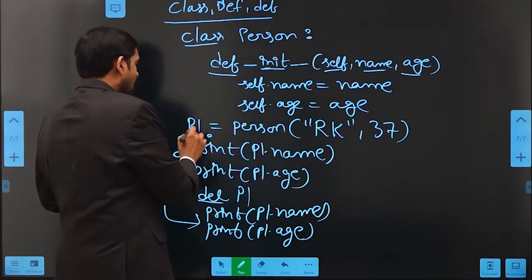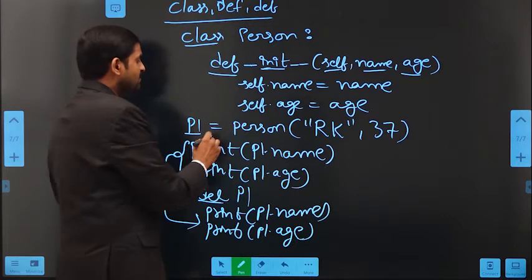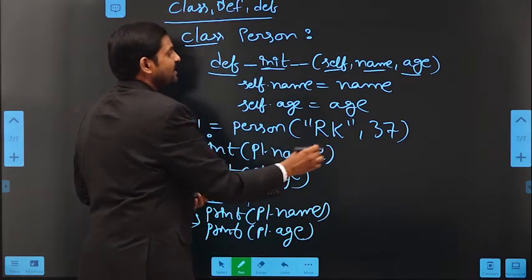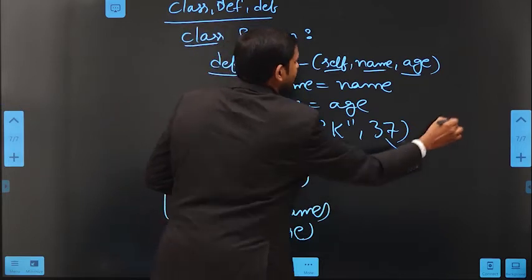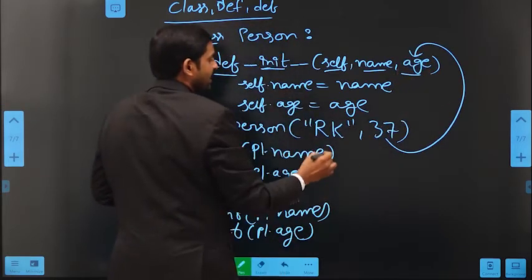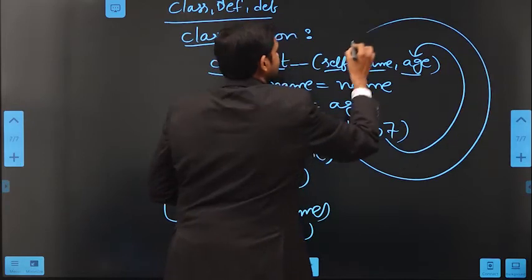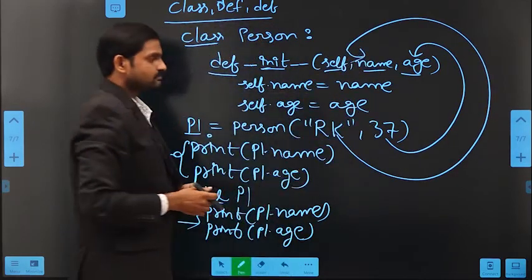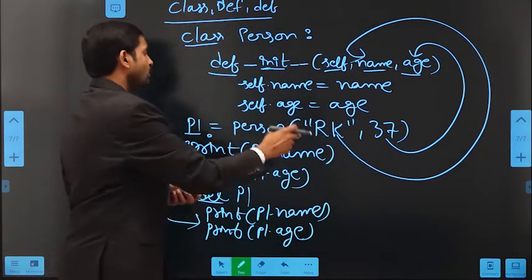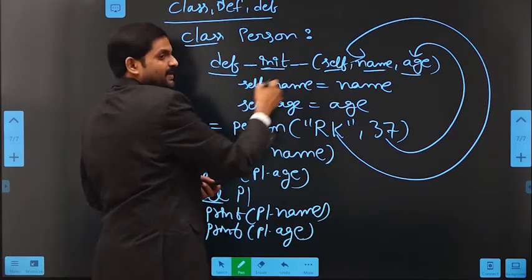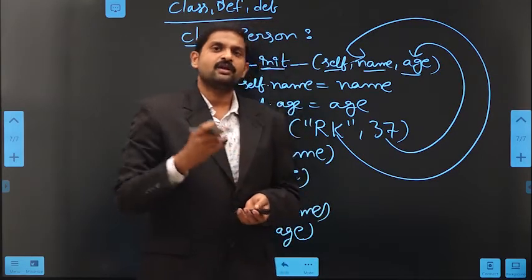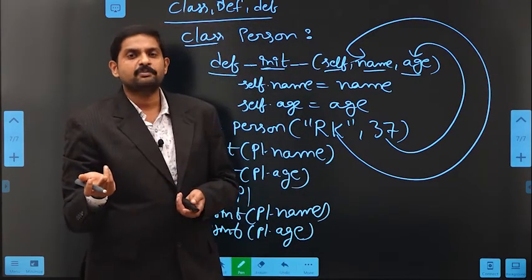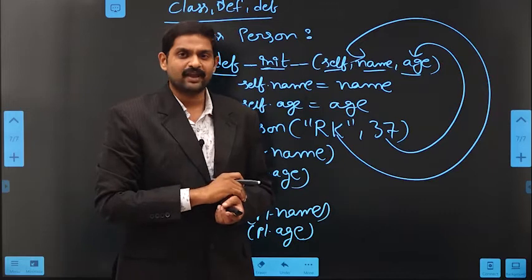When the object is initialized, P1 = Person("RK", 37), this 37 is passed to age, RK is passed to name. Now the function will be executed. The procedure is the same as in Java, where at the time of creating objects, constructors are invoked.